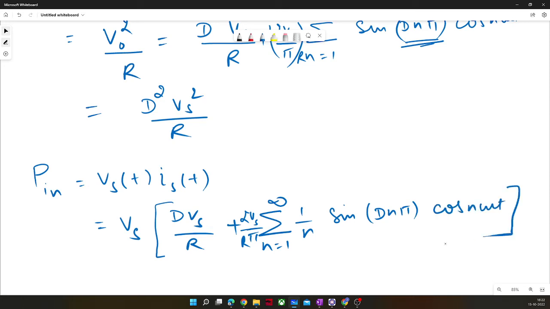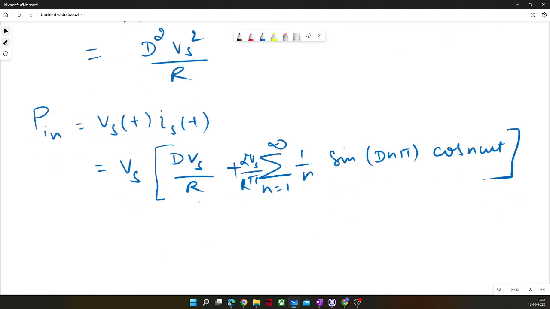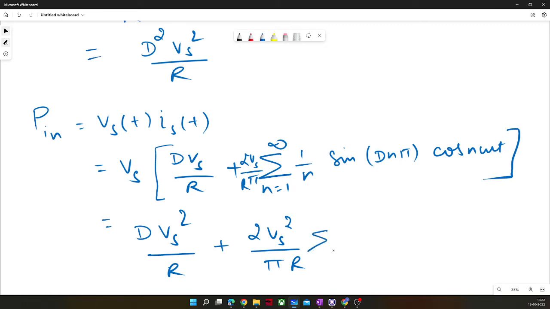Okay, so this will be your Vs Is(t), and if you multiply here, you will get dVs square by R plus 2Vs square by pi R summation n is equal to 1 to infinity 1 by n sine d n pi cos n omega t, right?